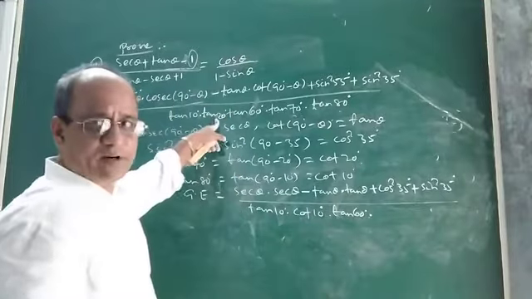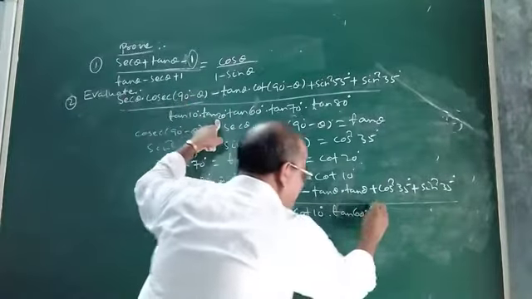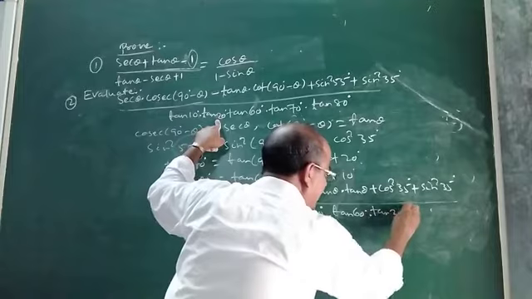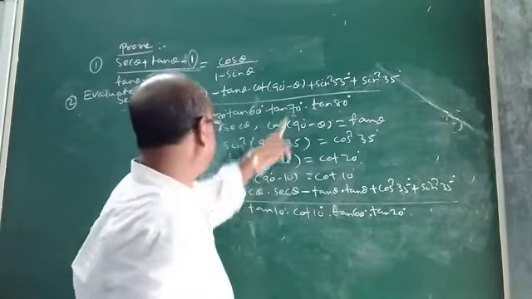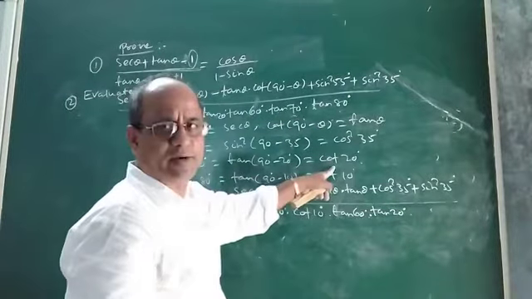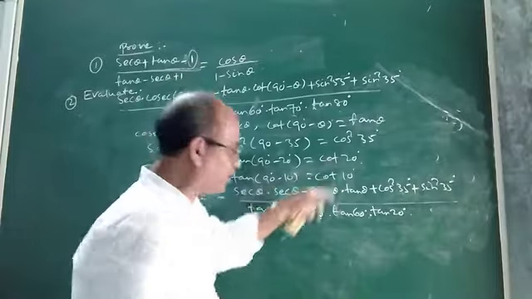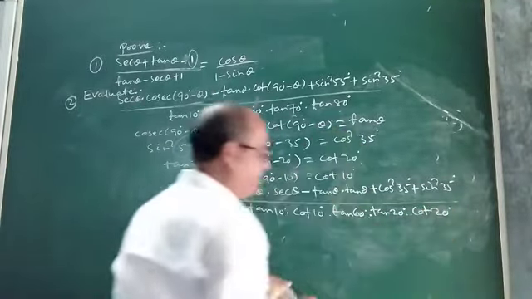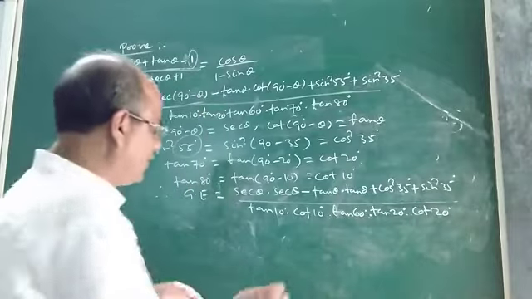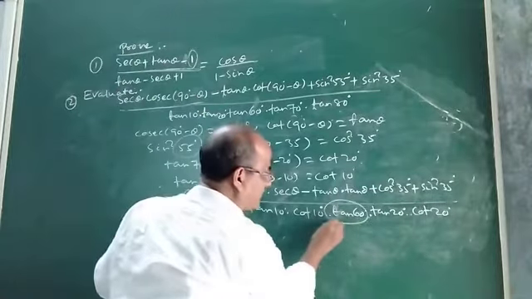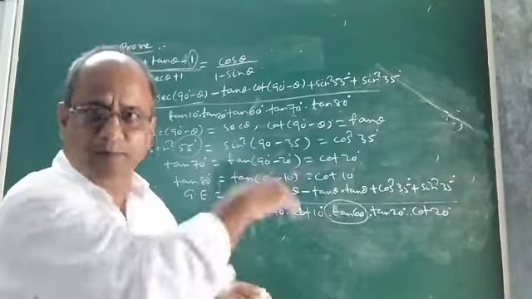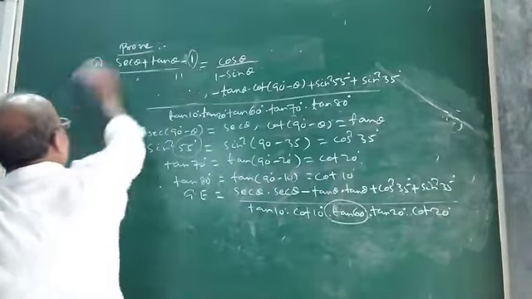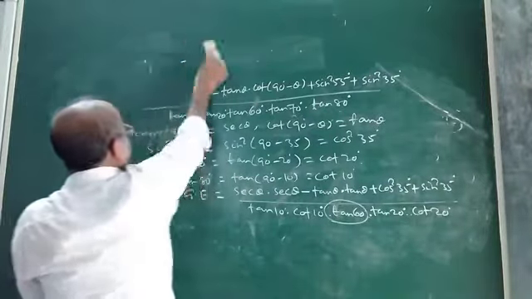Now look at the next term, tan 20 degree into tan 70. Tan 70 is equal to cot 20. Now we substituted all the values, and we know the value of tan 60 degree is root 3. So we will put that now.